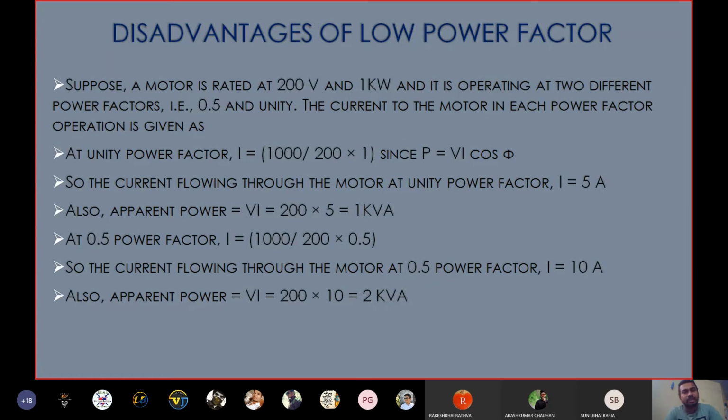When the motor operates at unity power factor, it takes less current and the apparent power is also less. But when it operates at low power factor, it takes more current and the apparent power also increases.